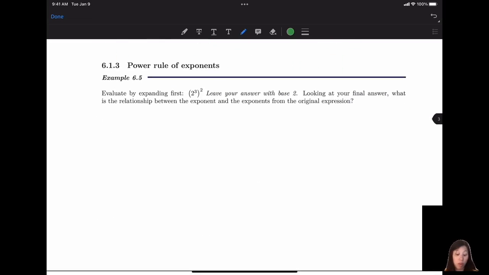Okay, power rule of the exponent. So let's expand 2 to the 3rd power, and then to the 2nd. Next, do everything inside the parentheses first. So I have 2 to the 3rd meaning 3 twos multiplied together. And now take a look. What does that mean?